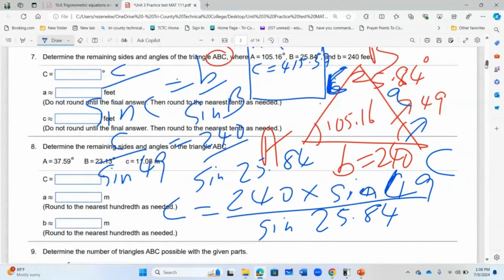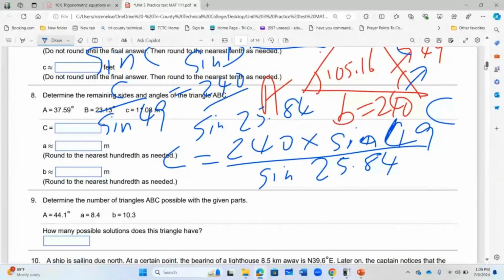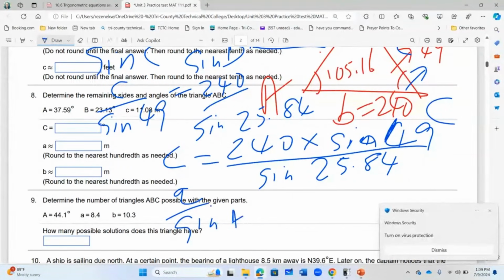So there is a missing side, and that missing side is side A. Side A is not given to me. Okay, so I'm just going to write an equation for sine A over A, which is equal to B over sine B. I'm going to rewrite it.